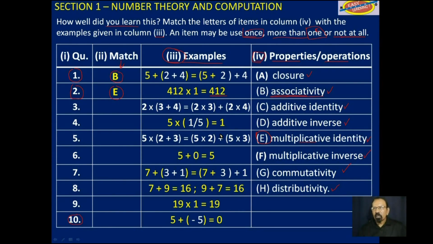Next one. 2 multiplied by 3 plus 4 is the same as 2 multiplied by 3 plus 2 multiplied by 4. This one will take a little more work. The answer is H, distributivity. Question 4. 5 multiplied by 1/5 is equal to 1. Waiting for your answer.